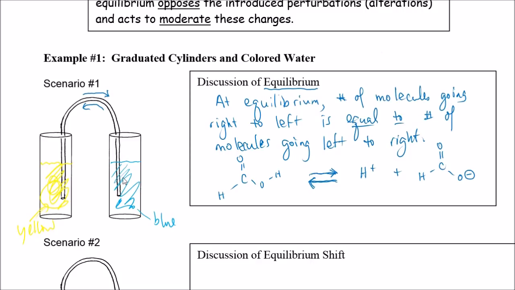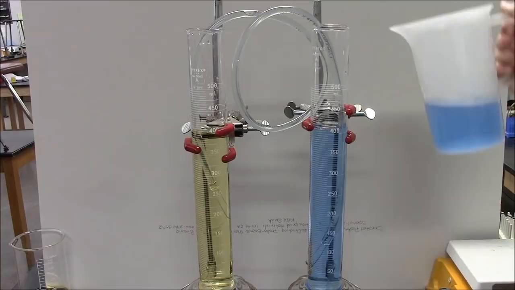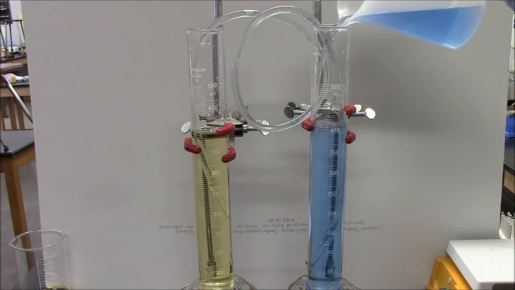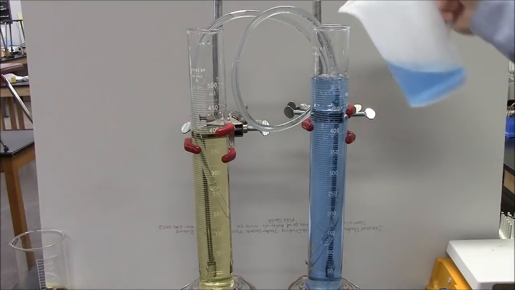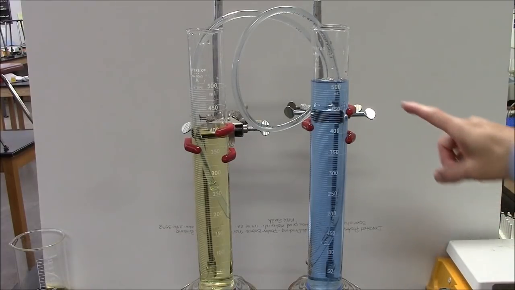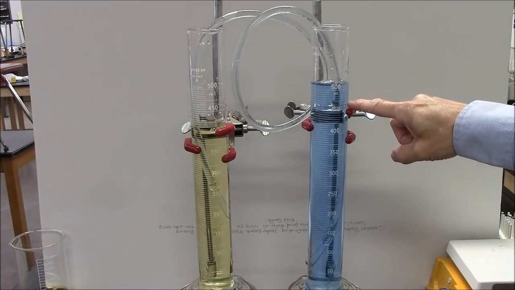So here, perhaps you imagine the blue being these dissociated ions and the yellow being the weak acid molecules themselves. So now I'm going to disrupt the equilibrium. I'm going to add some additional blue to this side. You should be able to see the additional blue is now dropping.